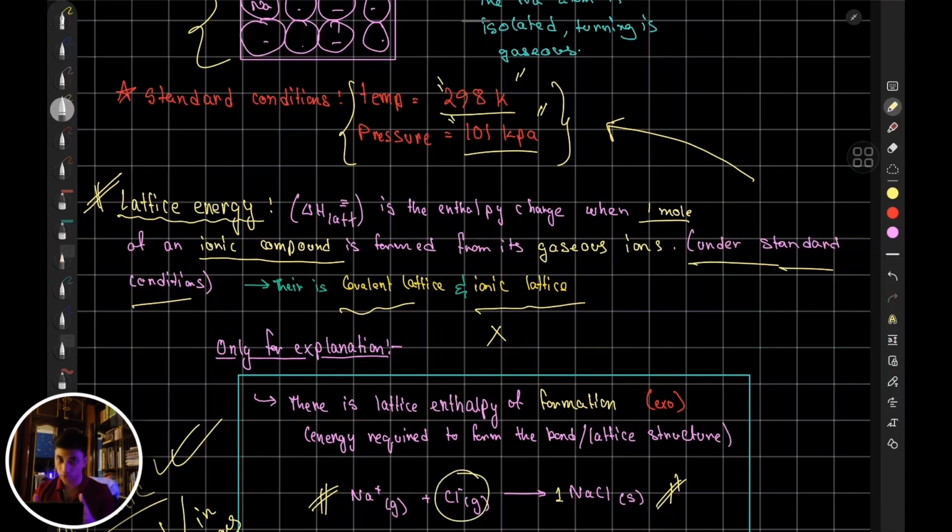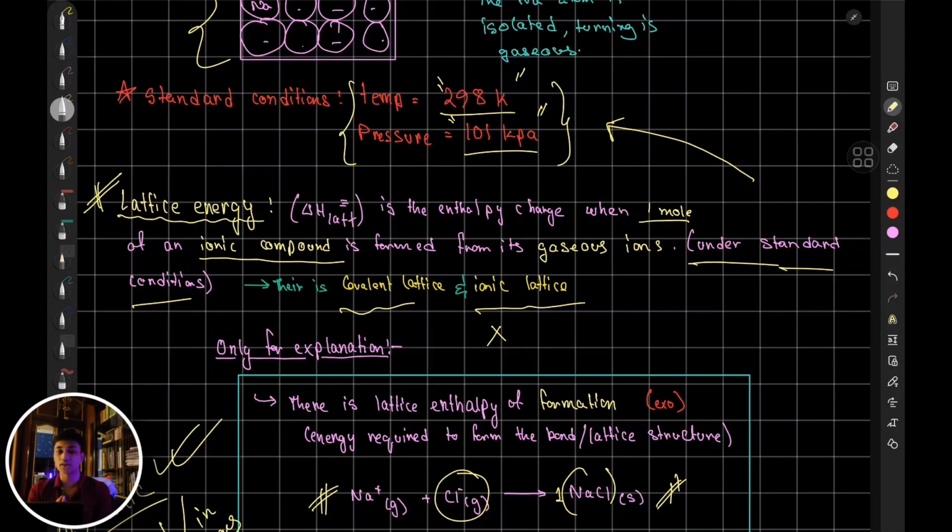We're adding those two up and forming a lattice structure. So for forming this lattice structure, what are we doing? We're creating bonds. We're creating forces of attraction between the ions and we are forming a lattice structure. Remember, formation is always exothermic.